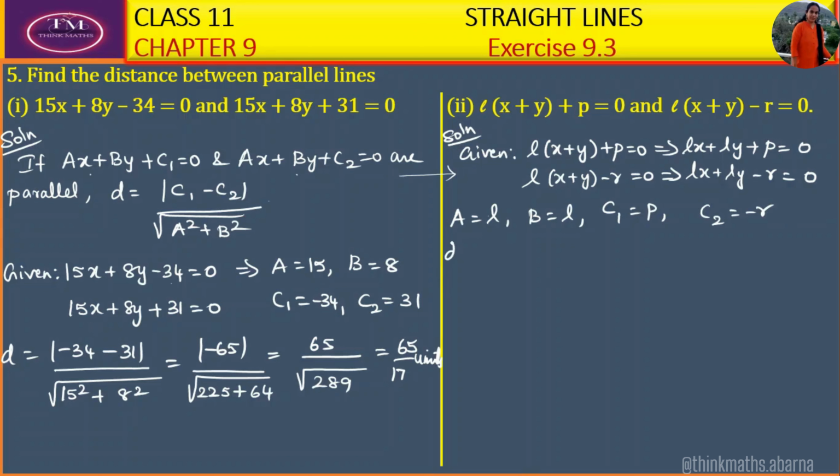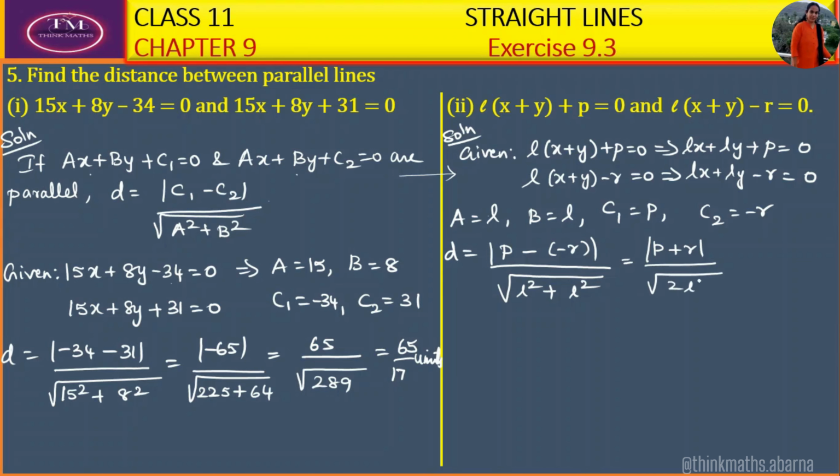So what is the distance? Distance d is equal to modulus of c1 minus c2, so c2 is minus r, divided by square root of a square, L square, plus b square, which is also L square. So it equals modulus of p plus r divided by square root of L square plus L square, which is 2L square.